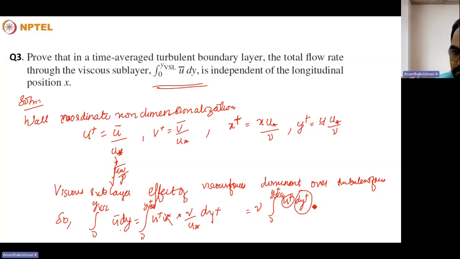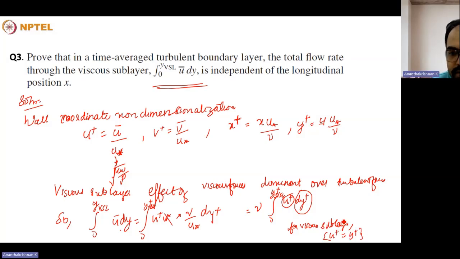Within the viscous sublayer, we could write the velocity profile as u plus is equal to y plus.